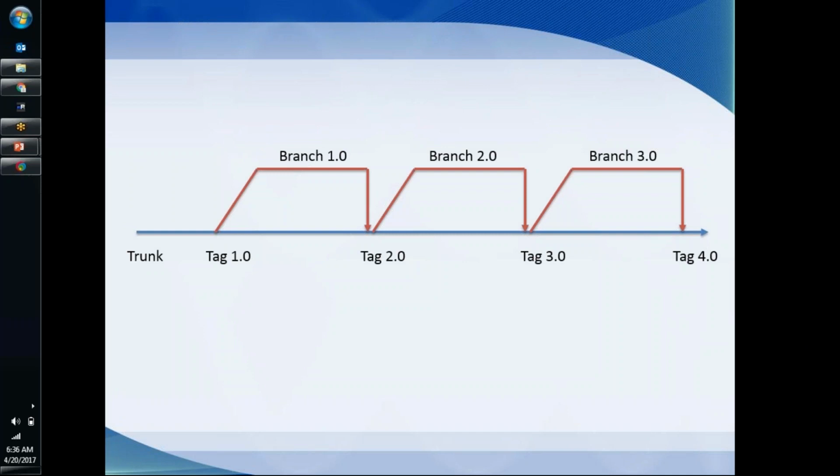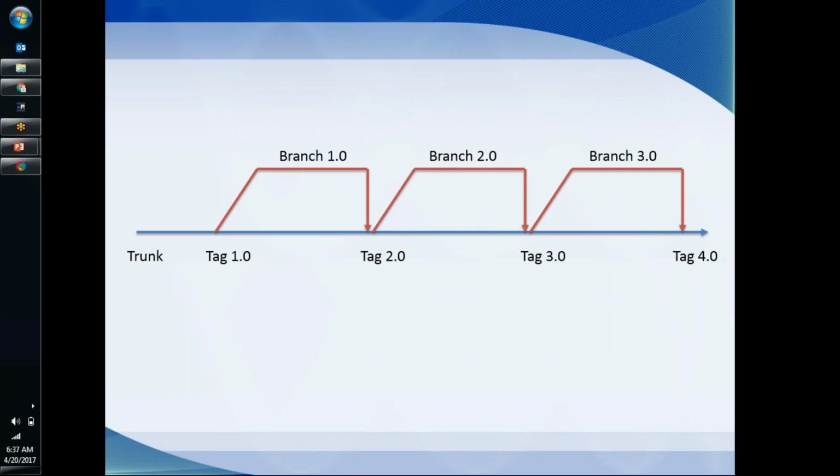The main code pipeline will continue on trunk, and after each tag they will create a new branch for bug fixes and any changes, and other people will continue their work on the trunk itself. At the next release, after fixing the bugs in branches, they merge it to trunk, create a tag and deploy it in the production environment.